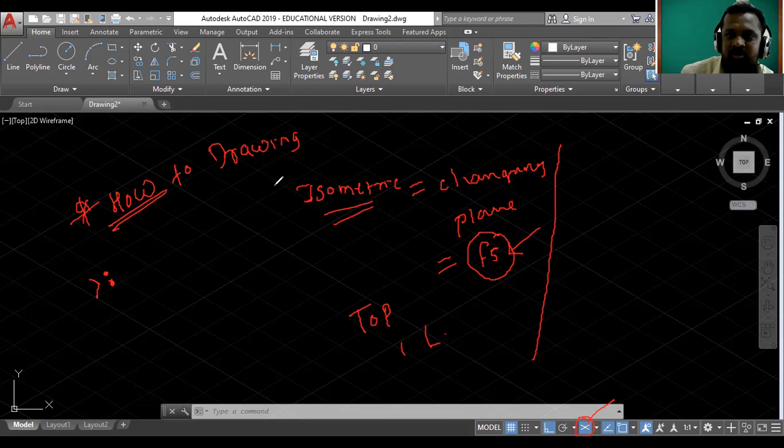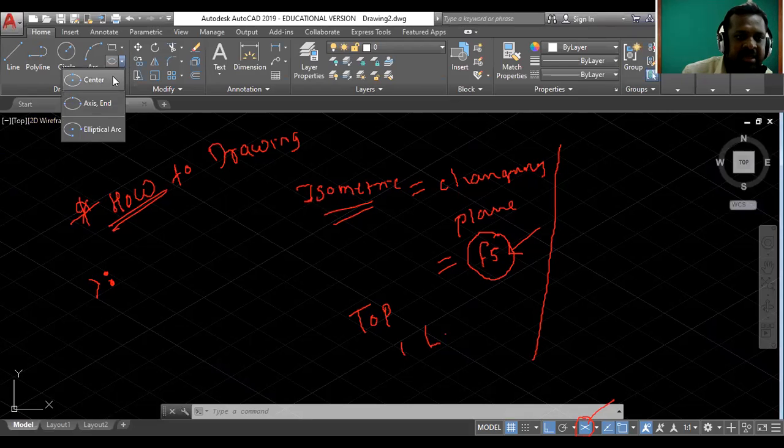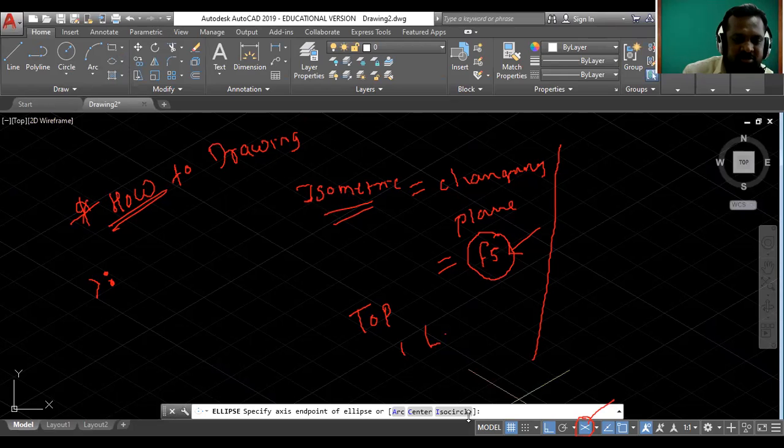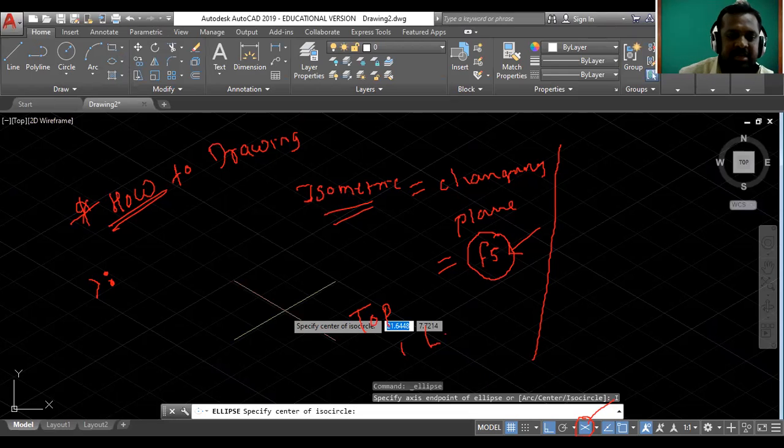Here one ellipse symbol is in the drawing window. We click on that ellipse, then select the axis end, and at the bottom on the command line we click on iso circle. This is the procedure to draw a circle in the isometric view.